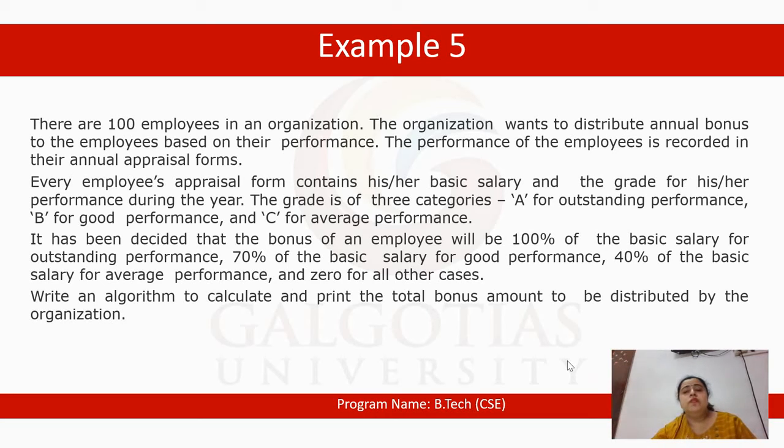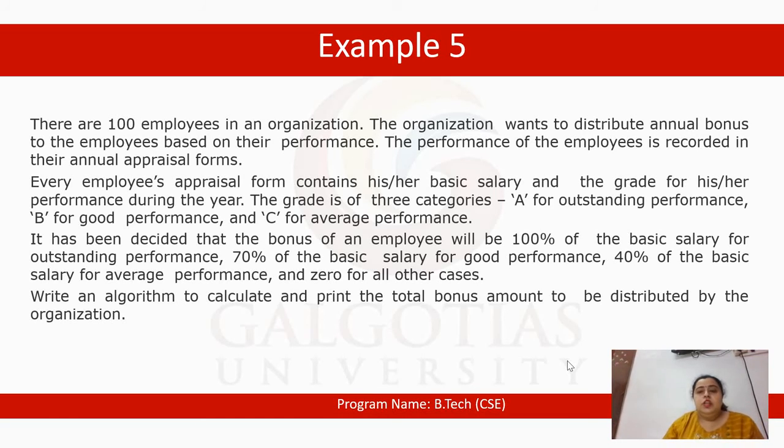It has been decided that the bonus of the employee will be 100% of the basic salary for outstanding, 70% of the basic salary for good performance, and 40% of the basic salary for average performance, and 0 for all other cases. Now, we need to write an algorithm to calculate and print the total bonus amount to be distributed by the organization.